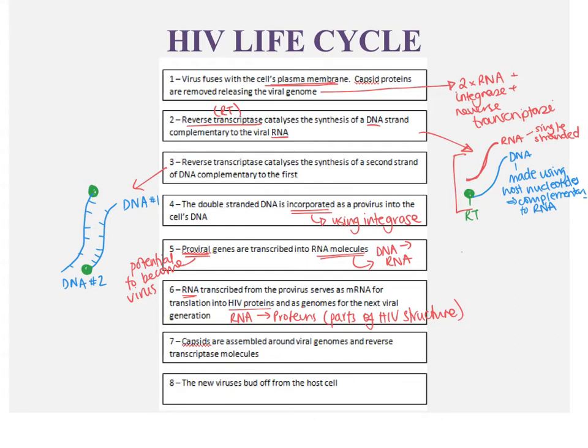And what we get finally is capsid proteins, or capsids using capsomeres, forming around those viral genomes, that RNA that we've made, the HIV proteins, including enzymes. Remember, reverse transcriptase and integrase are enzymes, and enzymes are proteins, and they are going to be made through the host's cellular components.